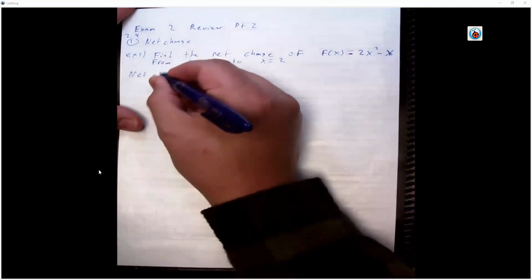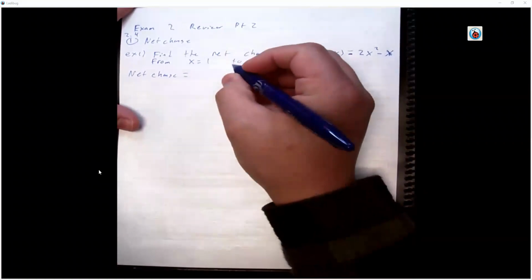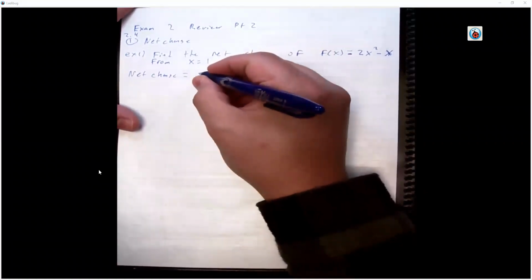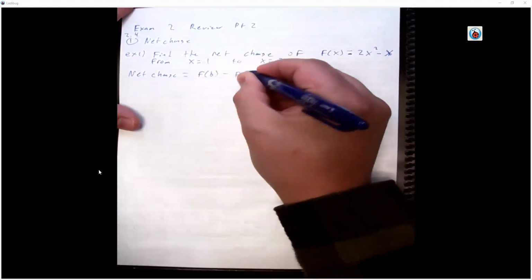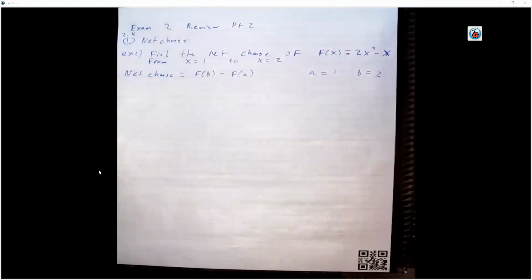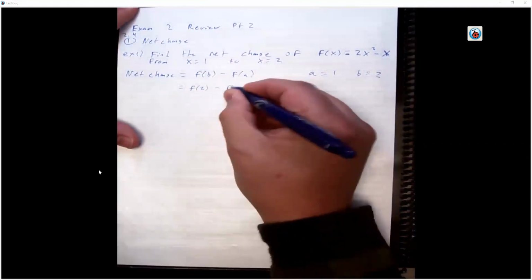All right. So net change is equal to f of b minus f of a. In this case, a is the starting point, b is the ending point. So that will be f of 2 minus f of 1.